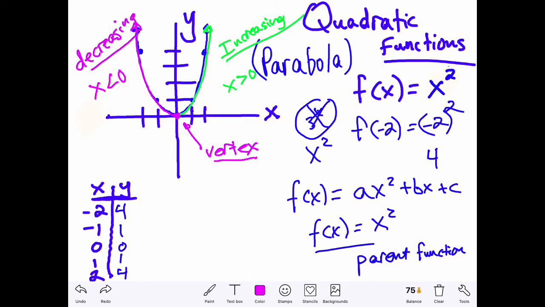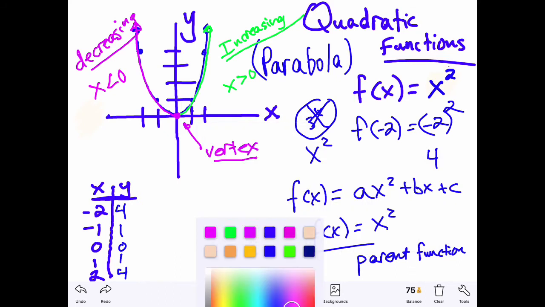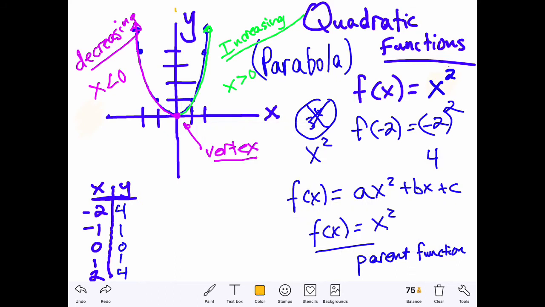Okay, we also want to add this idea of the axis of symmetry. Notice if I draw a line right on this y-axis, which happens to be the line x equal to 0, if I, say, folded the green part over and laid it on this other light purple part, then say if I folded it over this line, x equal to 0, then it would lie on that purple line.